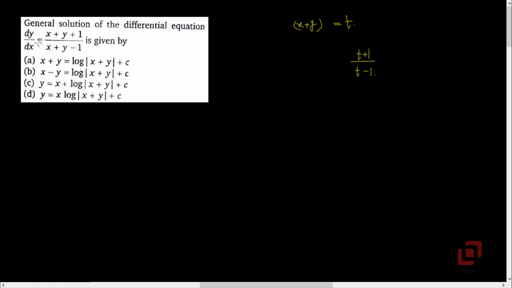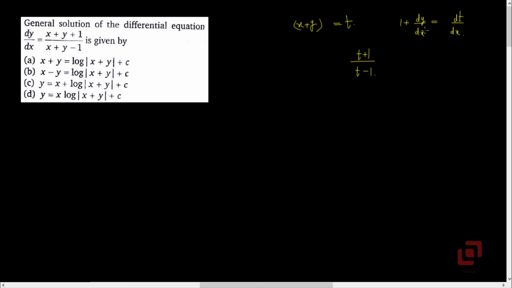Let's now talk about the left hand side. Differentiating x plus y equal to t with respect to x gives us 1 plus dy by dx as dt by dx.